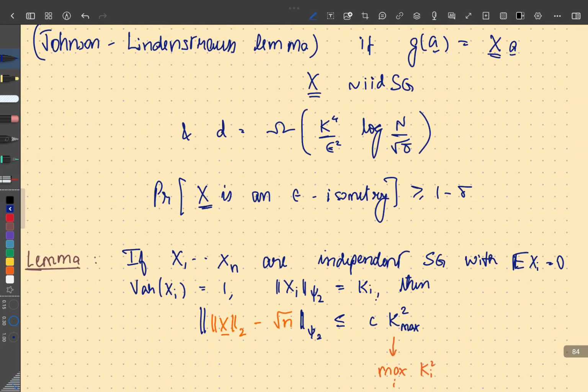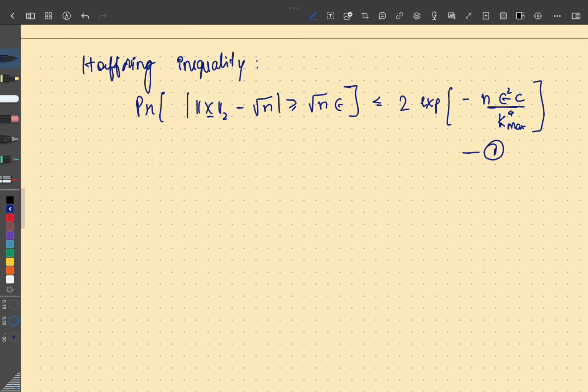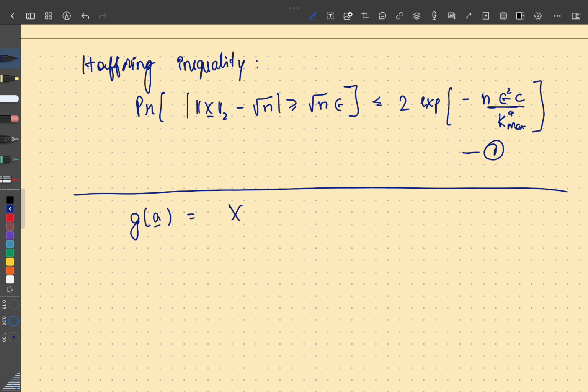Okay, so let's suppose that we take this matrix X. Let's go back to the setup of the Johnson-Lindenstrauss lemma. We have the projection G of A equal to matrix X times the vector A. Let me give a name.